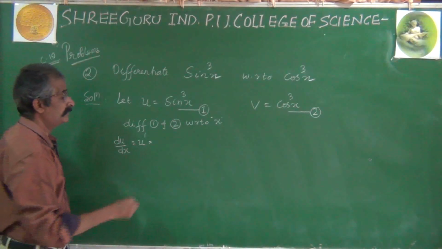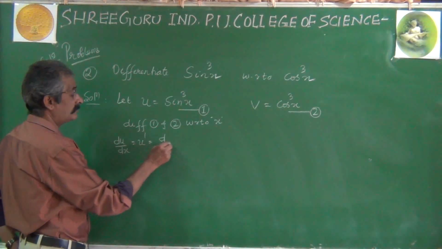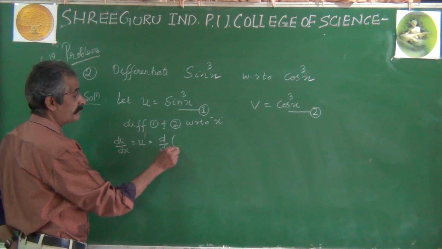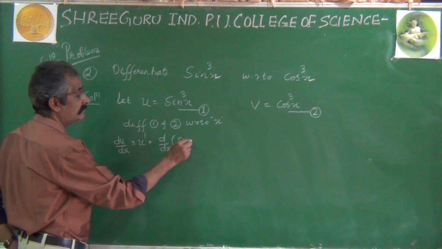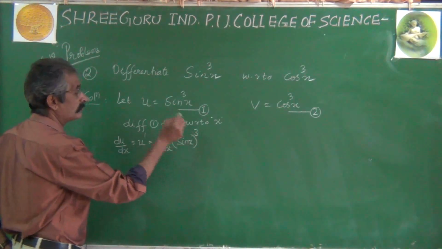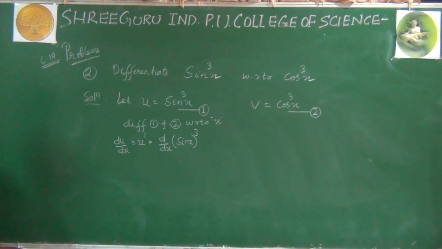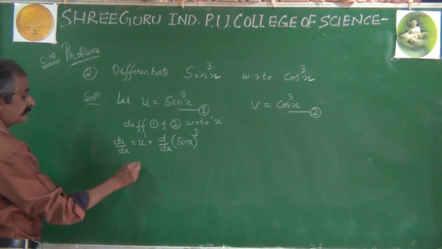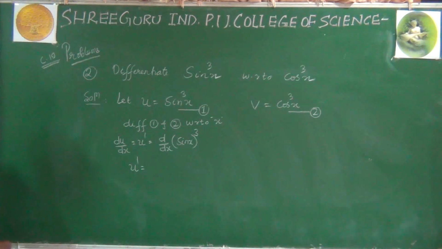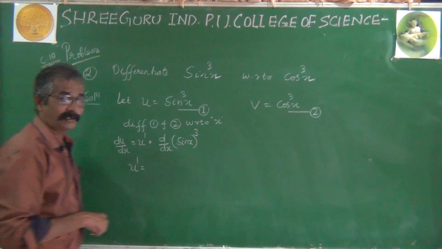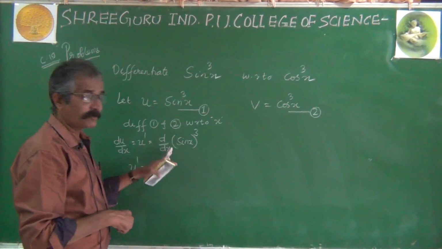Right hand side, you can use symbolic form d by dx of sine cube x or sin x whole cube. Further, u dash equals to, recall earlier classes concepts, it is a composite function.